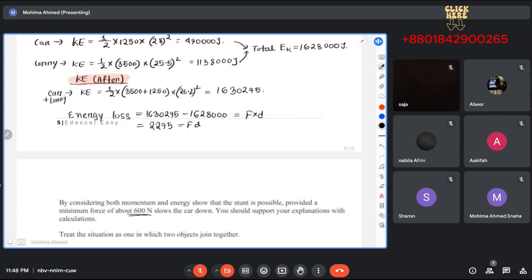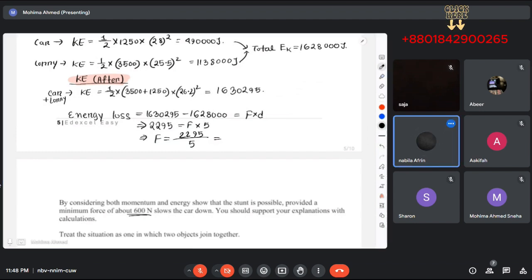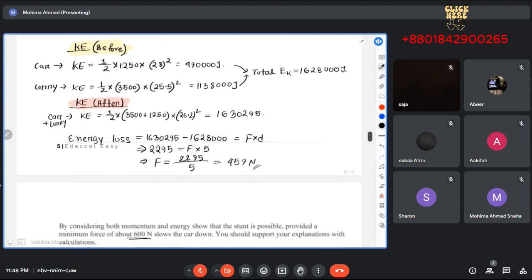And force multiplied with 5. If we make force the subject of this formula, 2295 divided by 5, how much do you get? 459. 459.